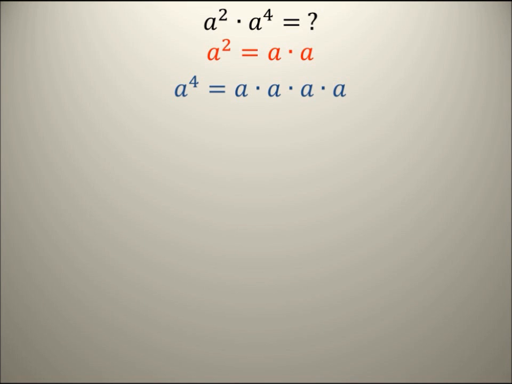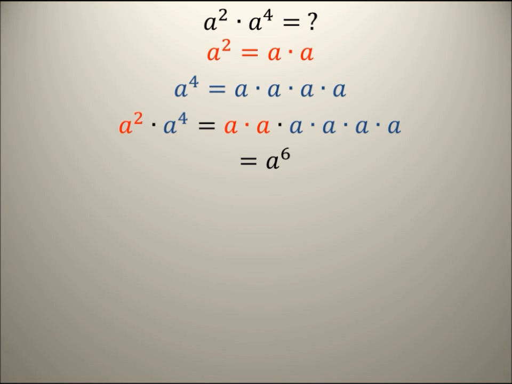A to the power 4 is 4 a's multiplied together. And all we do now is substitute what's on the right hand side and see what we get. We see that in the end we have 6 a's all multiplied together, and we know from our indices laws that 6 a's all multiplied together can be written as a to the power 6. Therefore we have a squared times a to the power 4 equals a to the power 6.